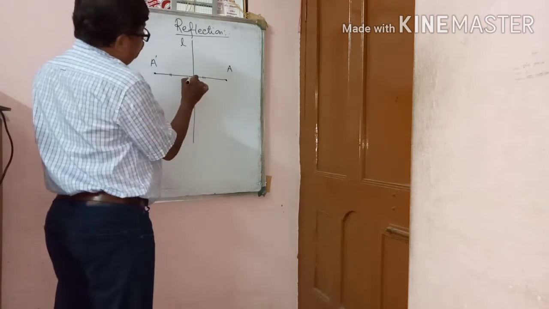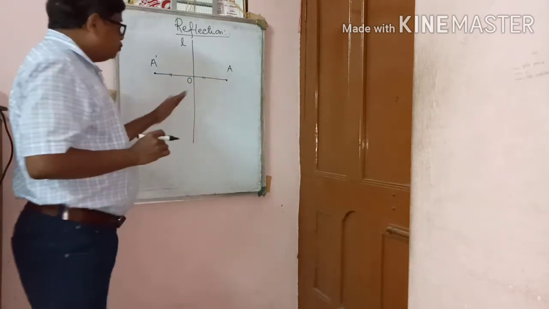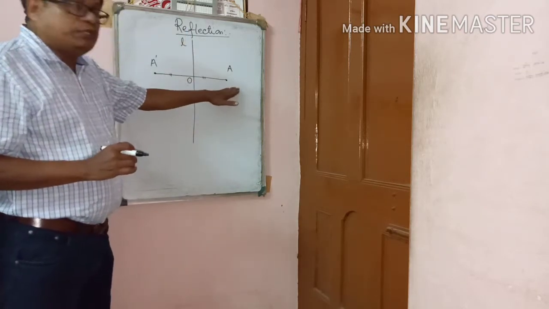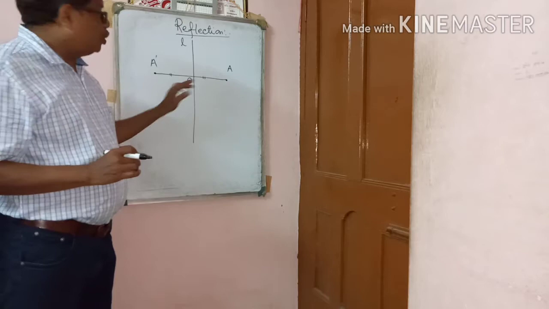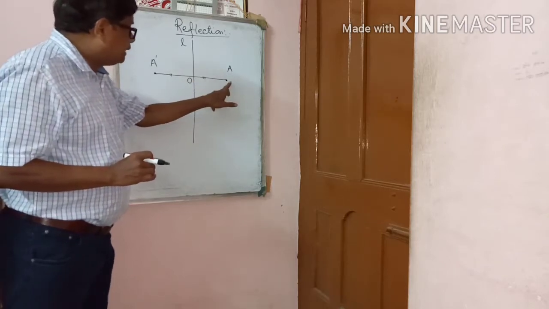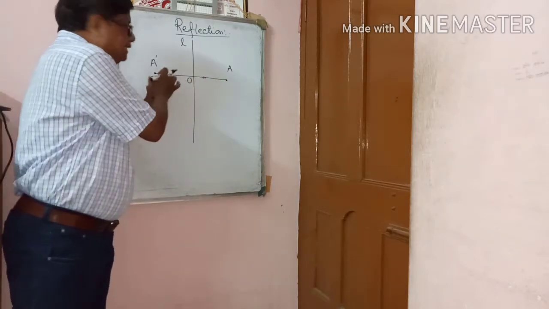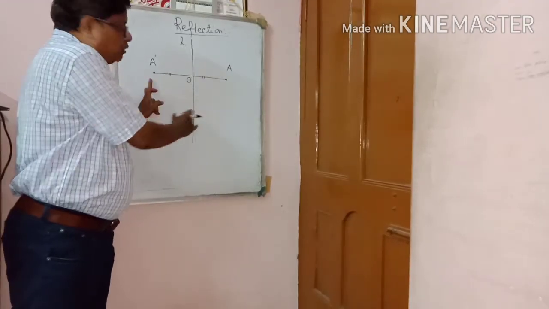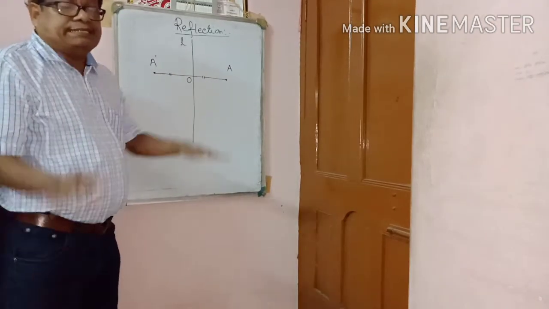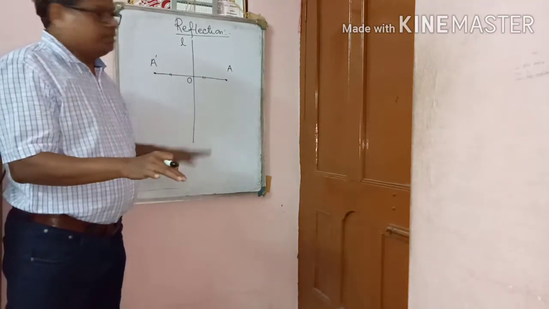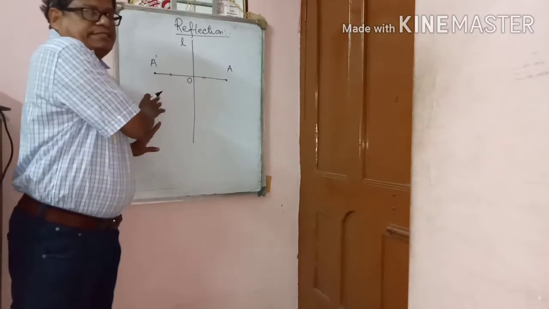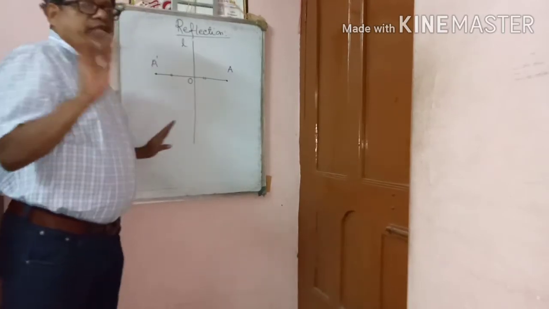You consider this is O, and the line is the perpendicular bisector of the two points A and A dashed, if you draw the line segment. This is the perpendicular bisector, and the transformation that maps A to A dashed is called reflection.